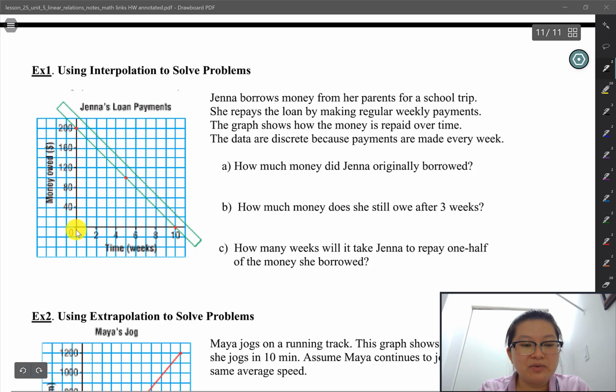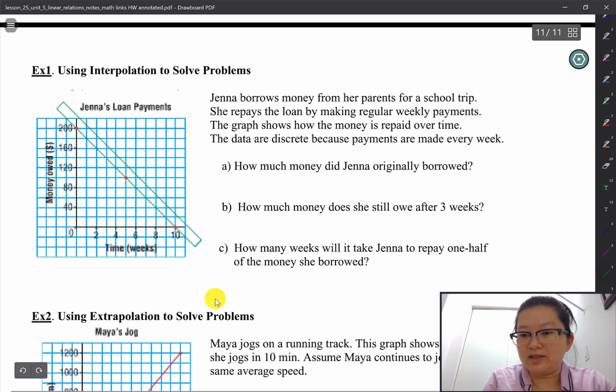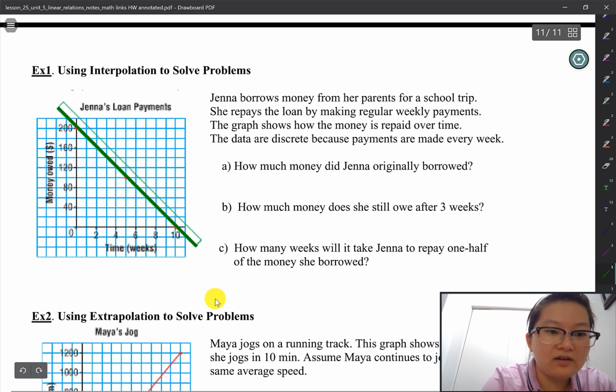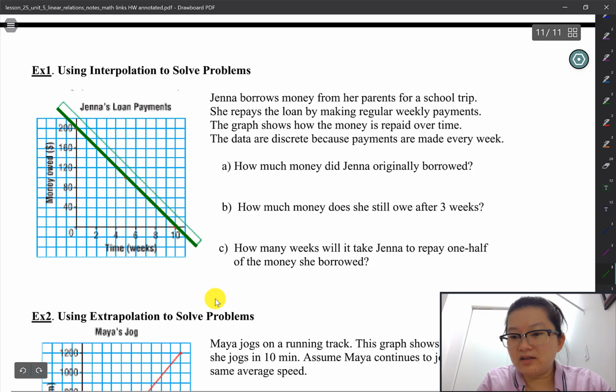So if we go to the beginning of time, which is 0 weeks, you can see that there's a data point here at 200. You have to ignore this box. I don't know quite why it is there. But let me draw the line better so you know exactly which line we are talking about. It is this one here. Ignore the other line there.